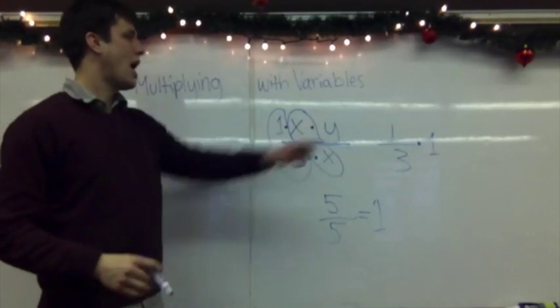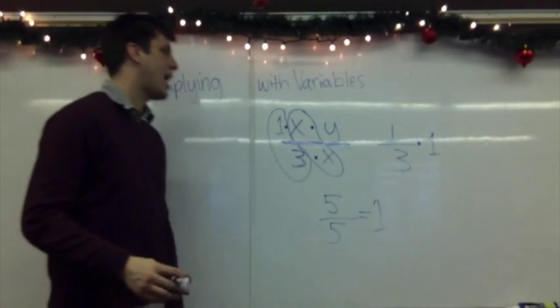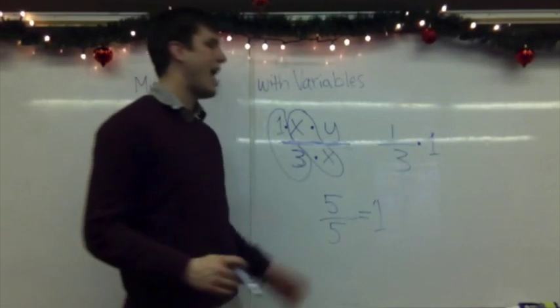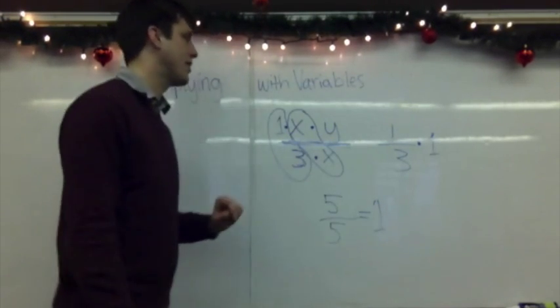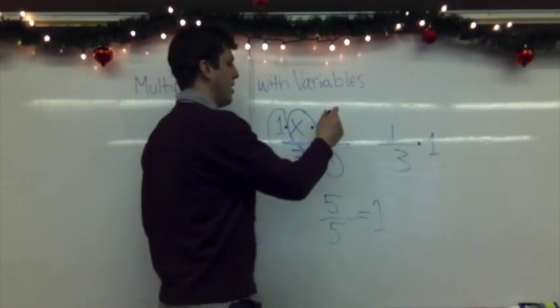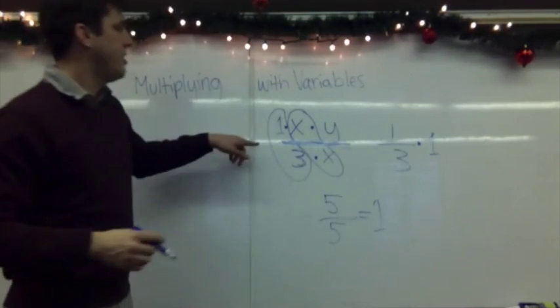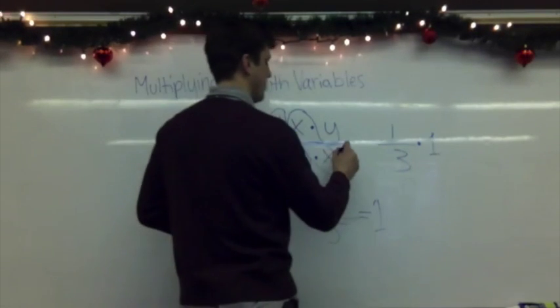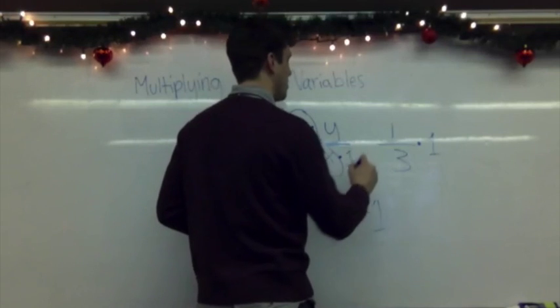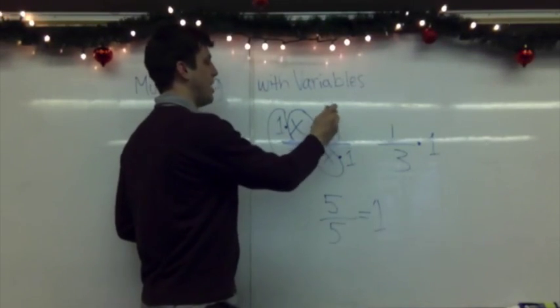And now we have a y over here. The y is on top. And so you may wonder how to simplify this y, how to get rid of this fraction symbol around it. The y, like I said earlier, you can always multiply stuff by 1. And so suppose we add a 1 to the bottom. And so we have y divided by 1.